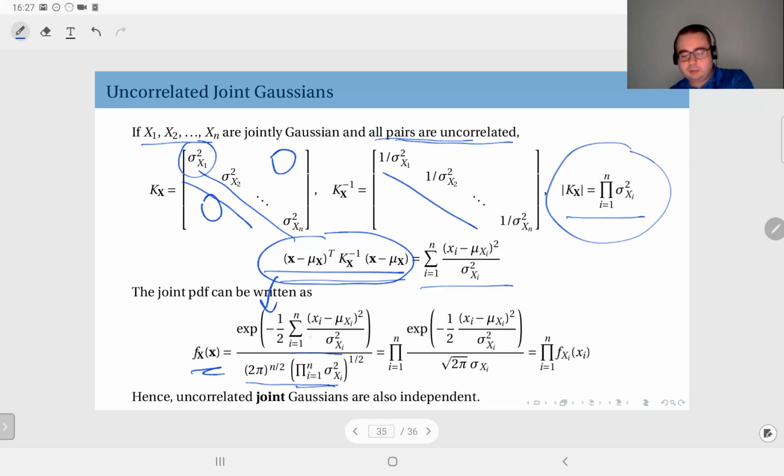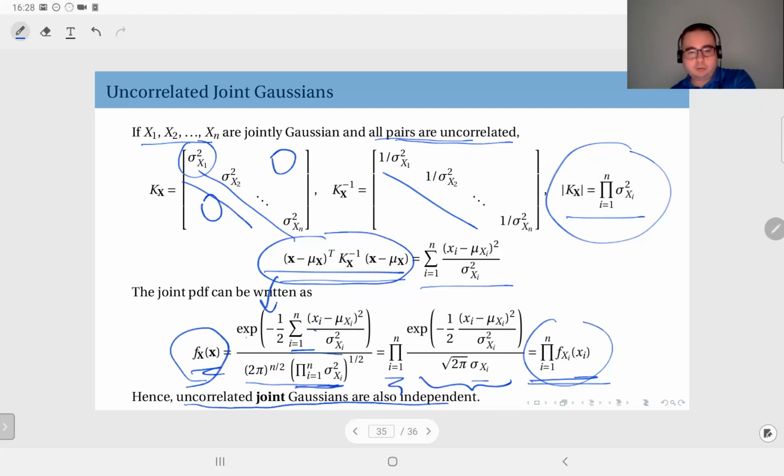A summation in the exponent means a product of exponential functions, so I can write them each individually and separate the terms. And what is each factor? It's nothing but a marginal Gaussian PDF. So the joint PDF of the uncorrelated joint Gaussians is equal to the product of the marginal Gaussians. What does this mean? That means uncorrelated joint Gaussians are also independent.